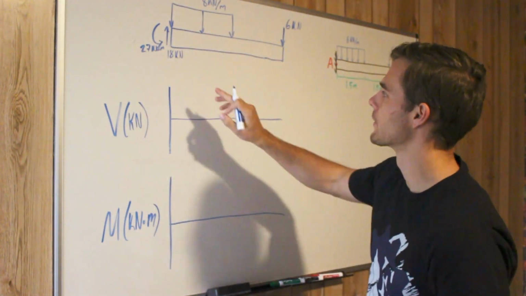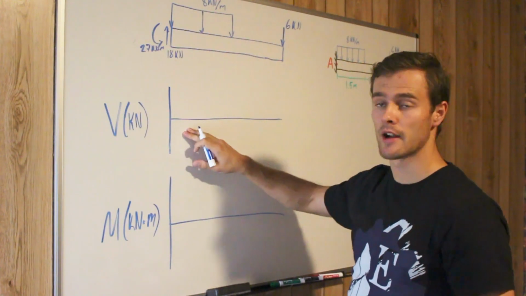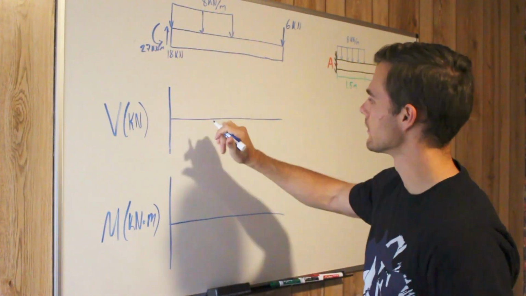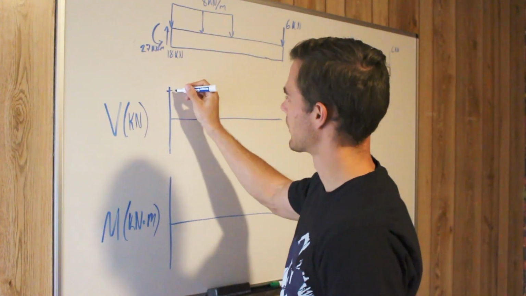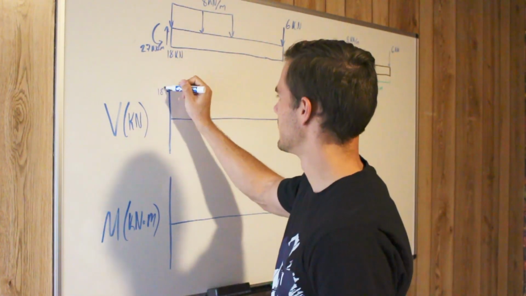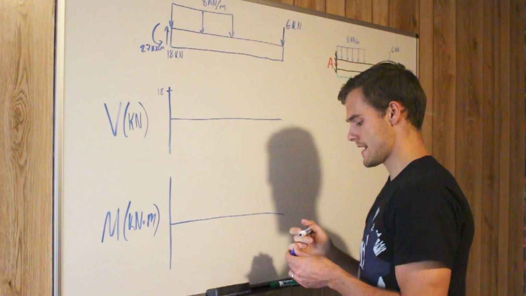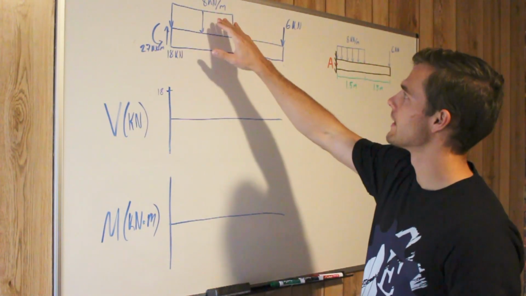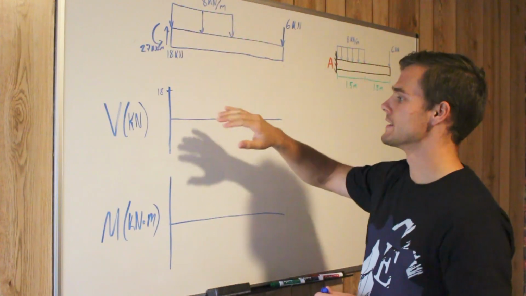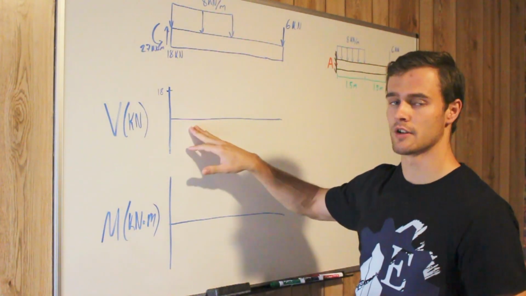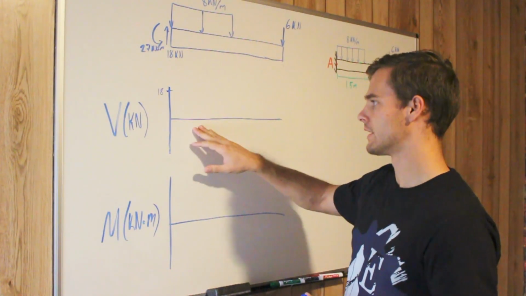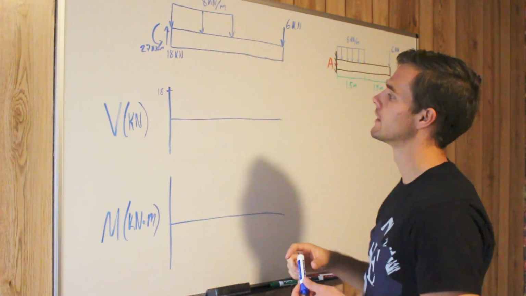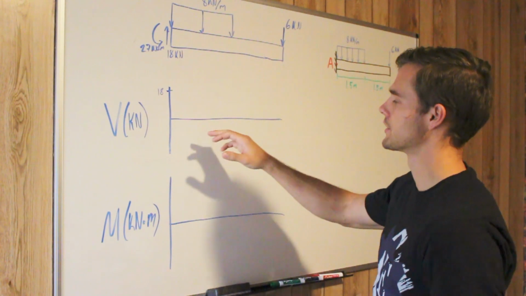Okay, so the first thing we want to start off with for the shear diagram is our reaction force here of 18 kilonewtons. So that's going to jump our graph up to 18. The area under the curve is the change in the shear diagram, so the area under this distributed load is our change in shear.